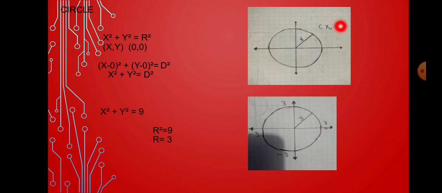The property this circle should have is that it has a fixed radius. That is, all these corresponding points have coordinates whose squares add up to this number.